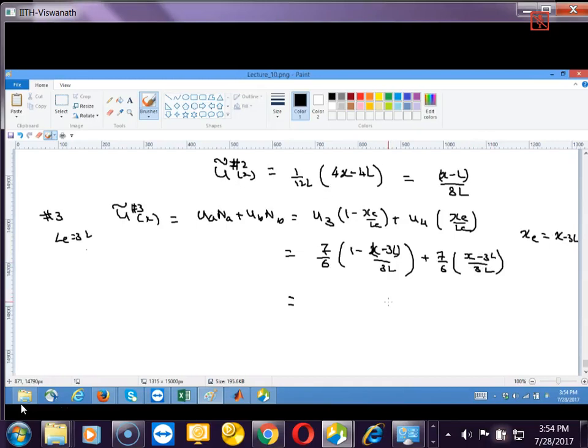That will give you, let's take 7 by 18L. If you take this one, this is 3L, this is x, and this will give you x minus, this is minus x, this is plus 2x.